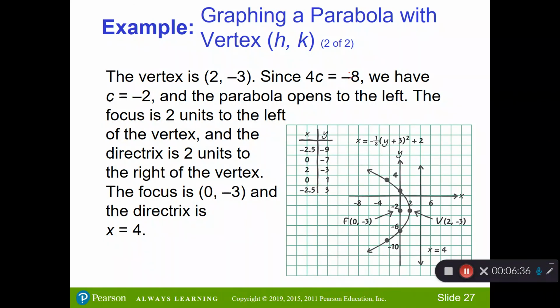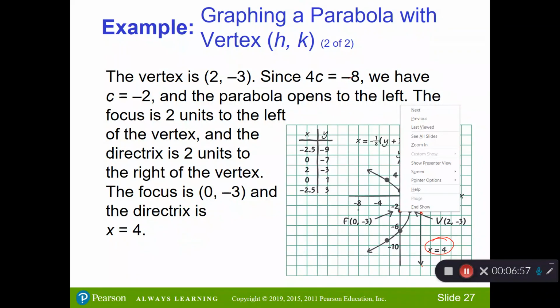So I go backwards 2 from the vertex point to plot the focus, and then the other direction 2 to get the directrix. So that puts the directrix at x equals 4, that line, and the focus here would land back on the y-axis, so it's at the point 0, negative 3.